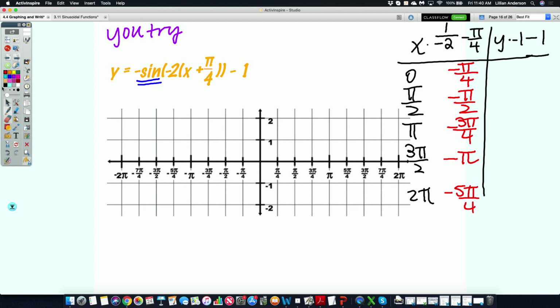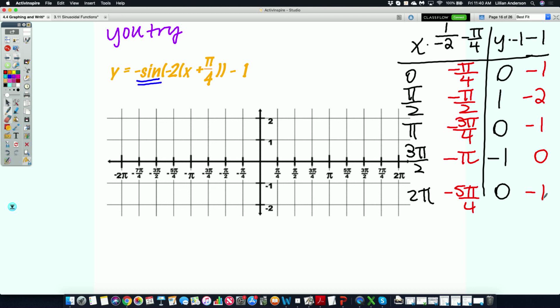Now, because this is a sine function, your y's originally should have gone how? 0, 1, 0, negative 1, 0. So then once you multiply them by negative 1 and move them down 1, it became what? Negative 1, negative 2, negative 1, 0, negative 1.